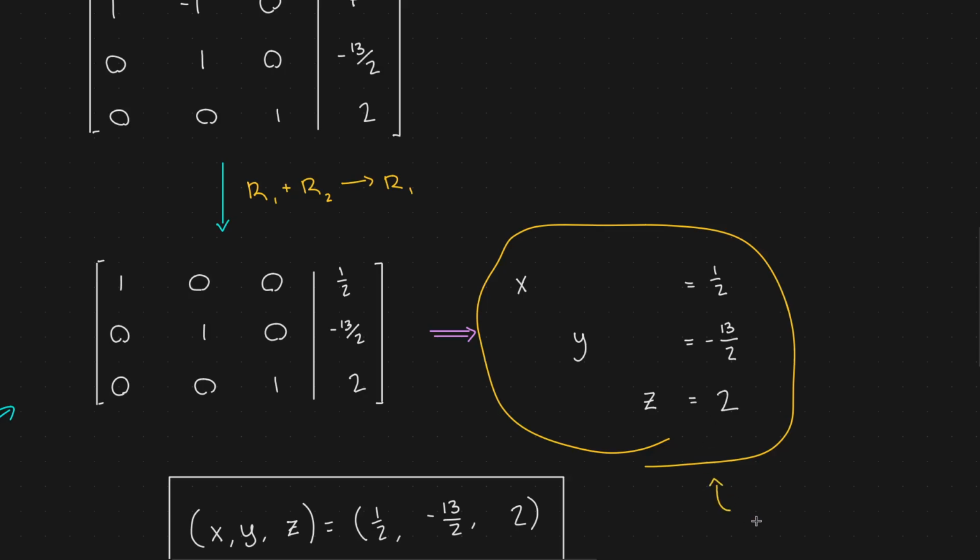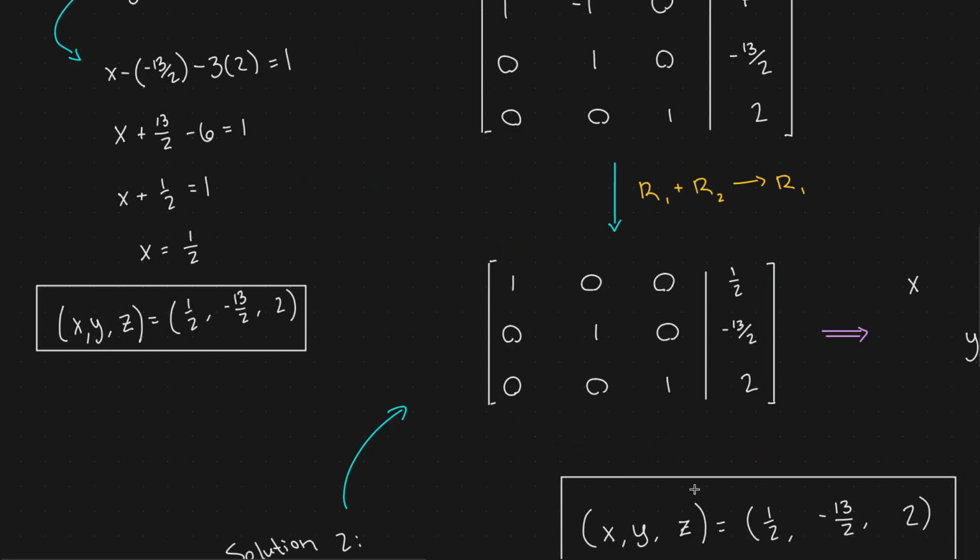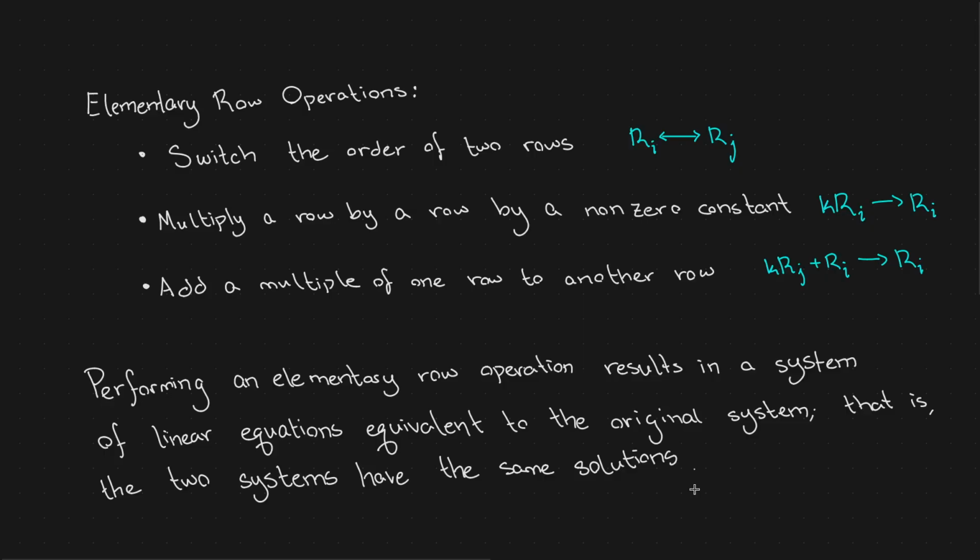And it's very easy to see the solution of this system, right? And so that's the goal of these elementary row operations. We want to change a system that's difficult to work with into one that's easier to work with.